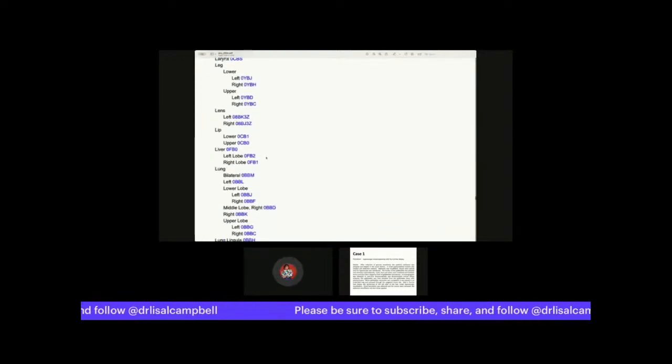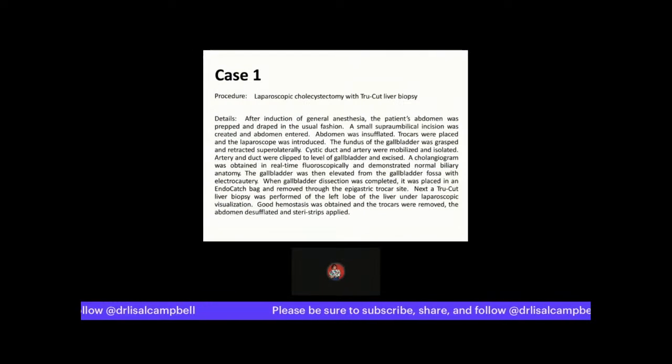Almost there. All right, so we have liver. So the question, the $1,000,000 question is, was it the left lobe? Was it the right lobe? Well, we got to go back over to our scenario to answer that question.